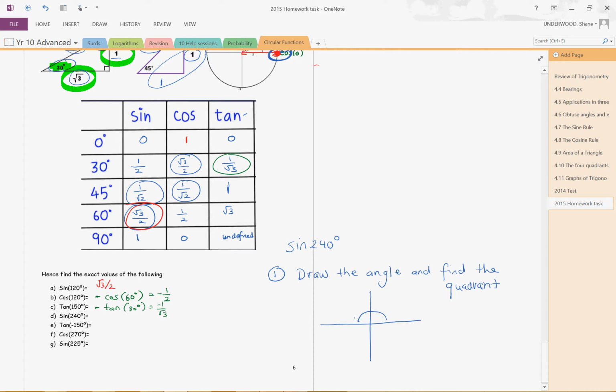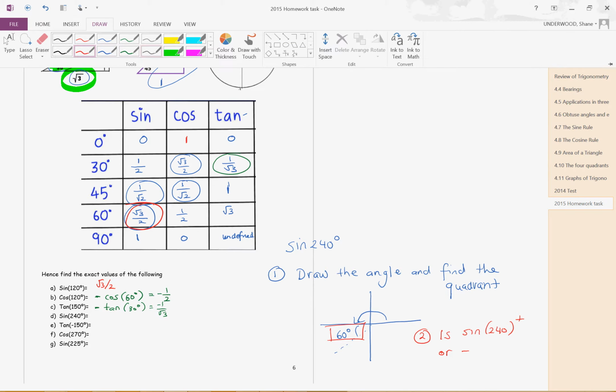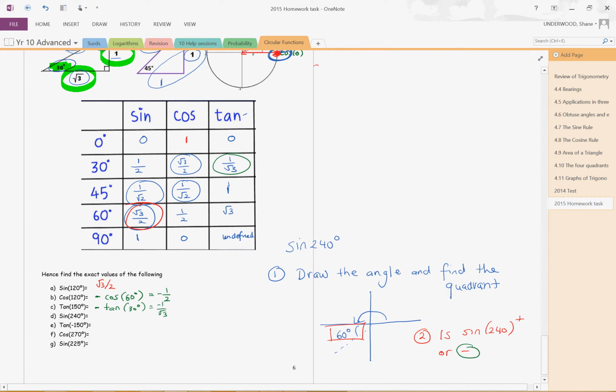We're going to go around 180 degrees, and then we're going to go another 60 degrees. So what is my reference angle? My reference angle is 60 degrees. Now, you always need to find that reference angle. Then, step 2, you have to ask yourself, is sine of 240 positive or negative? It's negative.